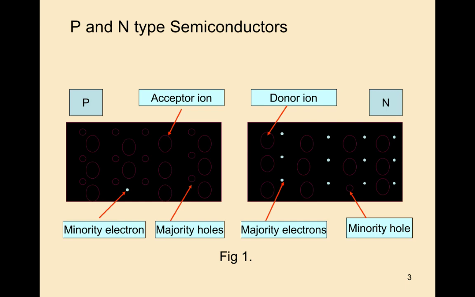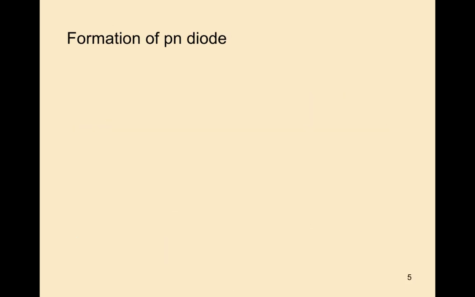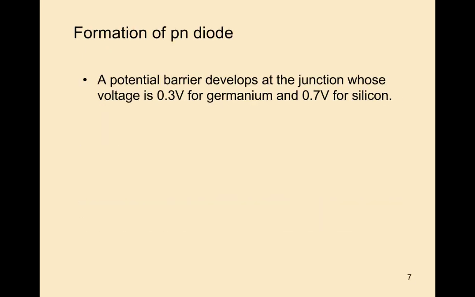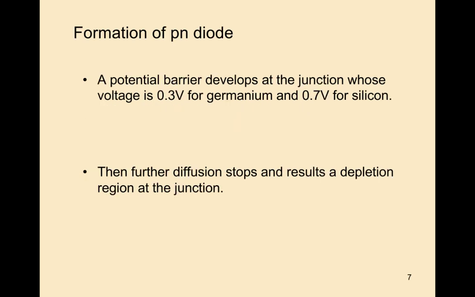That region we call the space charge region, or the depletion region, is also called the space charge region or the transition region.